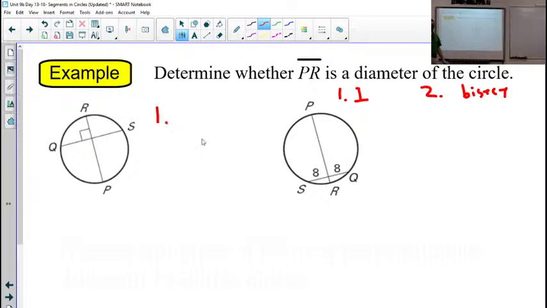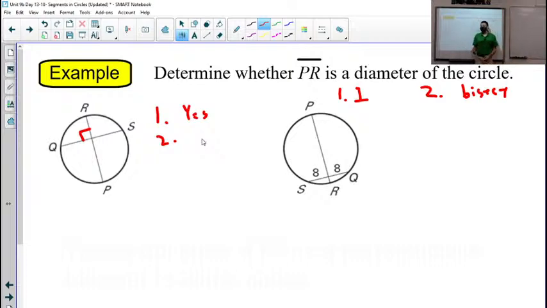So on this first one, give me a thumbs up or thumbs down. Are we told perpendicular? Yes, we are told perpendicular because we got a right angle sitting right here. And then question number 2, are we told bisector? I see some thumbs up. Remember, if we're told bisector, then there are a couple different ways to show that.